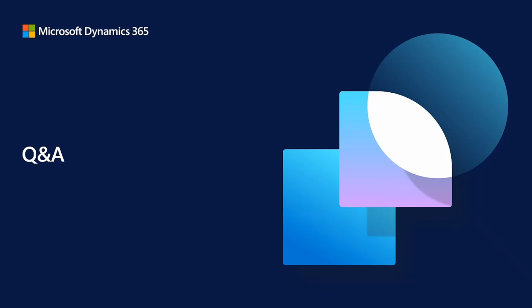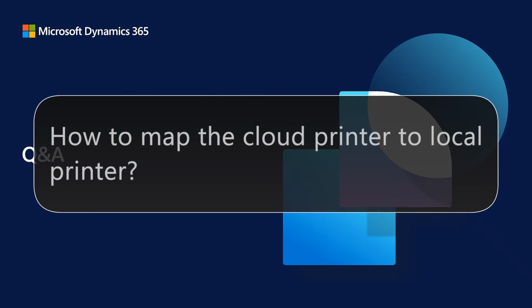Yeah. Next question is how to map the cloud printer to the local printer. If you want to use local printers specifically with Loftware, then there's a different component you install on-prem. But cloud printers are cloud printers, so they are connected directly to the cloud. These Zebras are connected directly to the cloud. There is no server that would have this as a local printer.